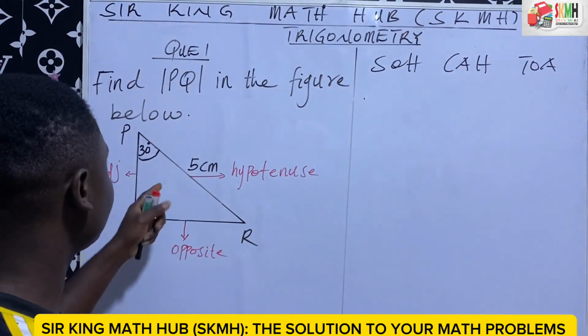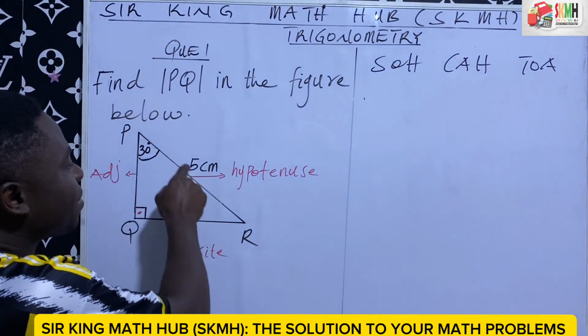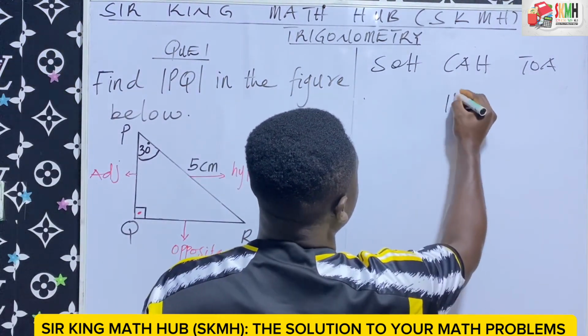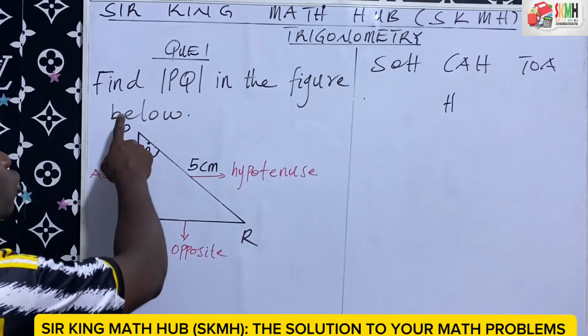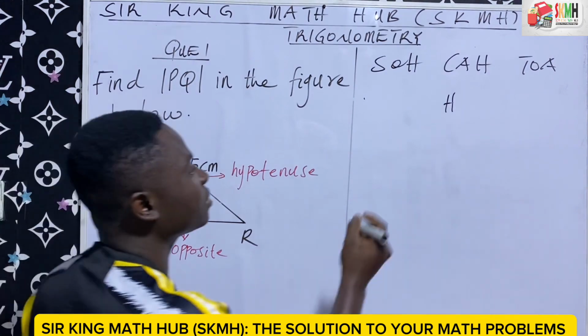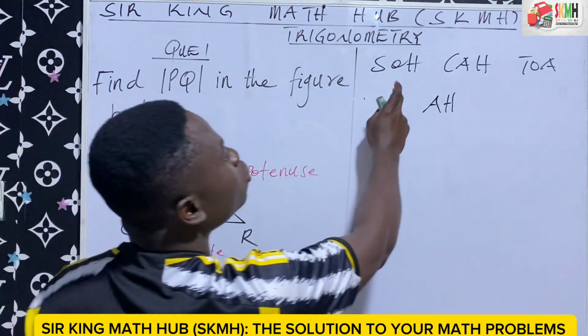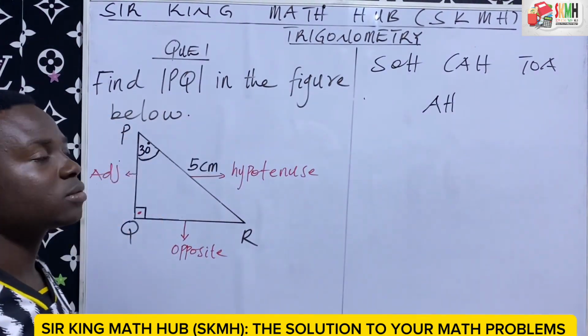So clearly, for this particular question, you could see that the hypotenuse has been given. And then we are also to look for line PQ, which represents the adjacent. So among SOH CAH TOA, which of them has adjacent and hypotenuse?